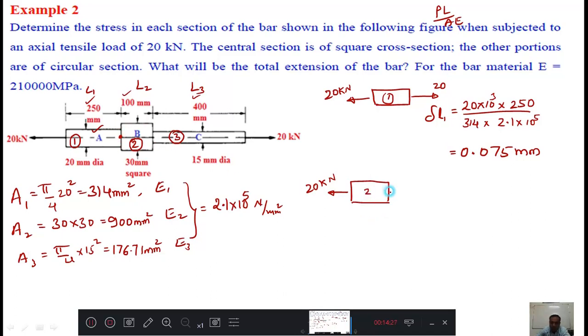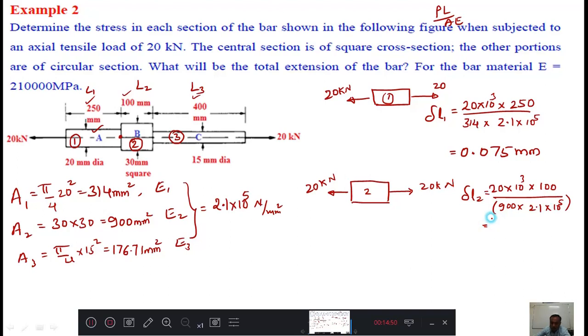Therefore for the second bar it is also 20 kilonewton. Therefore delta L2 equals P, 20 into 10 raised to 3, L is 100 mm divided by area, 900 mm square, into E, 2.1 into 10 raised to 5.